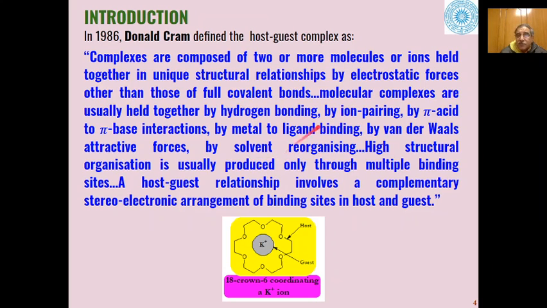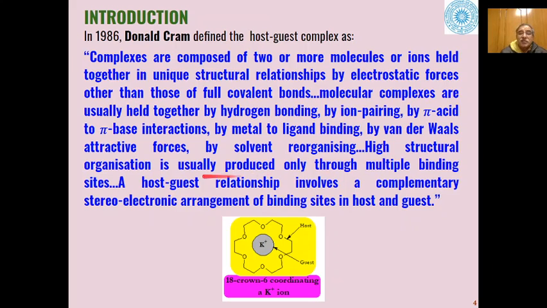All these types of forces are responsible for molecular complexes. Either one or more than one type of these forces may be present in a complex.